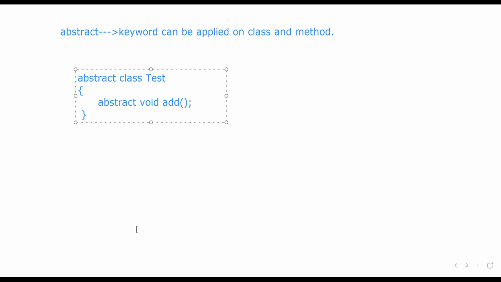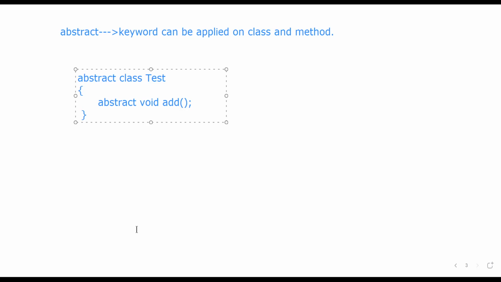Very, very important note. Remember this one. Guys, in a class, if at least one method is abstract, then you need to declare that class as an abstract. Got the clarity here?